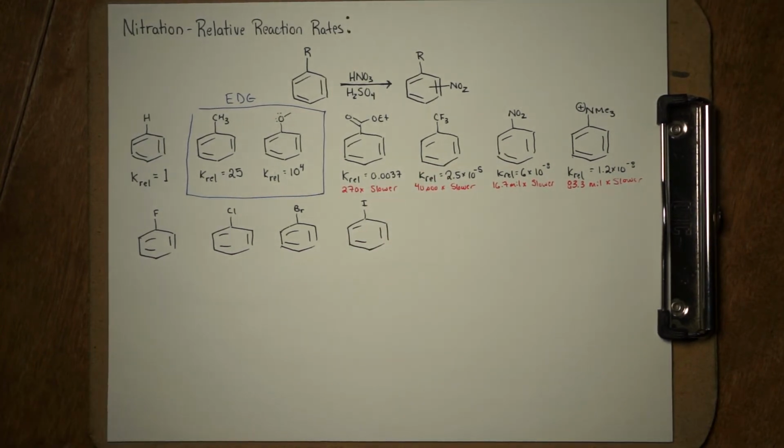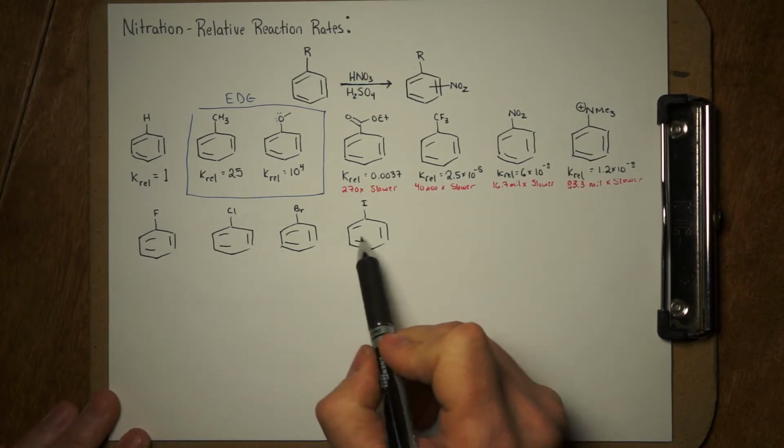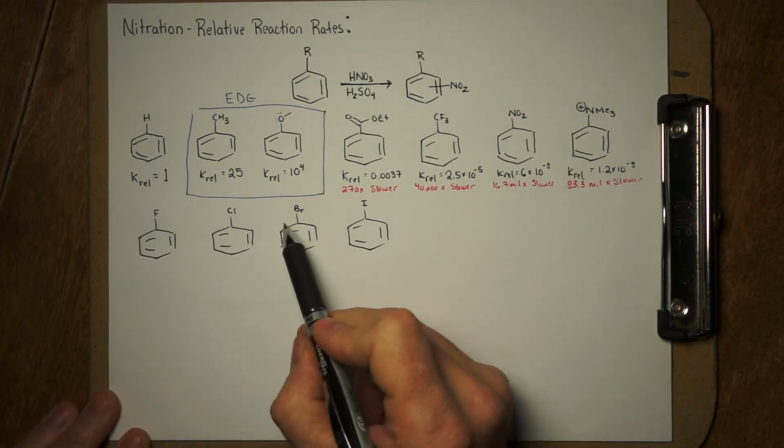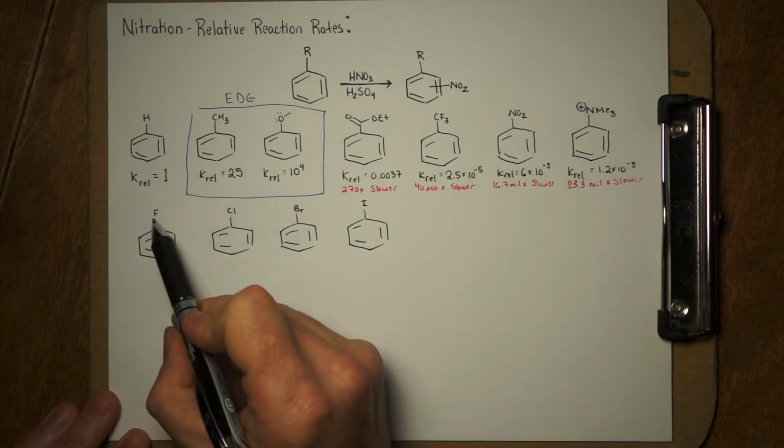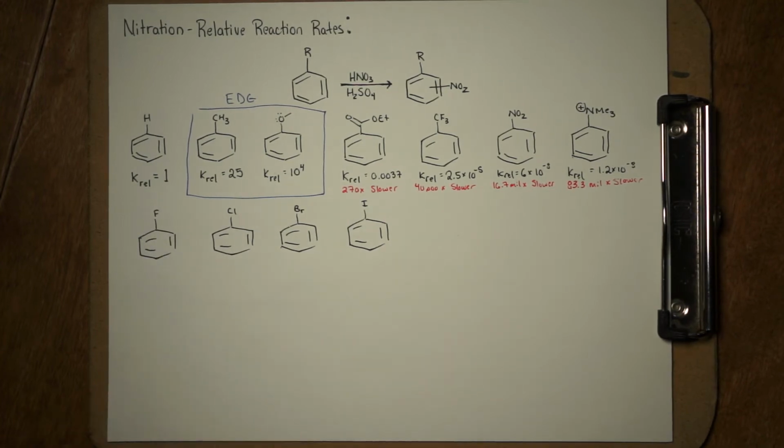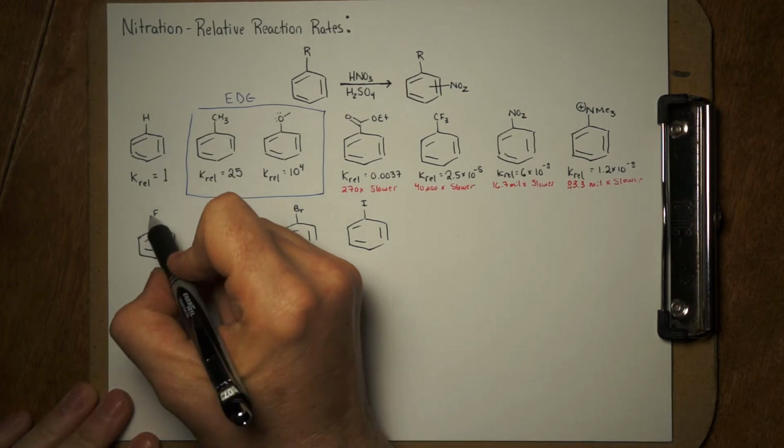And the one thing that we have to realize is that these bonds, some of them anyway, are going to be polarized somewhat strongly in some cases towards the halogen, right? So the halogens can pull electron density away from these benzene rings, right?